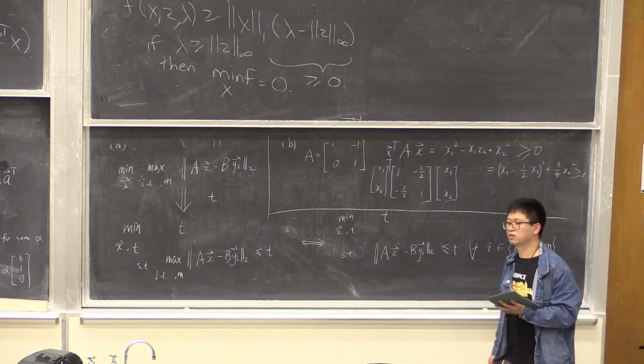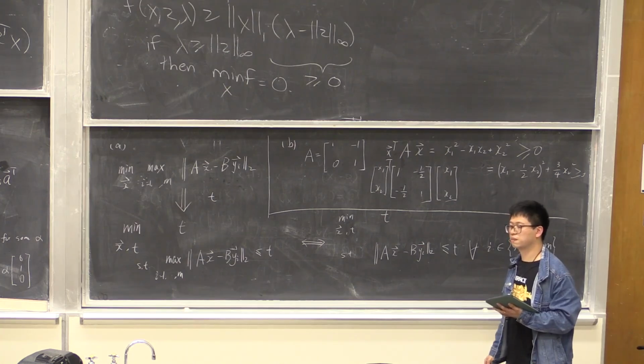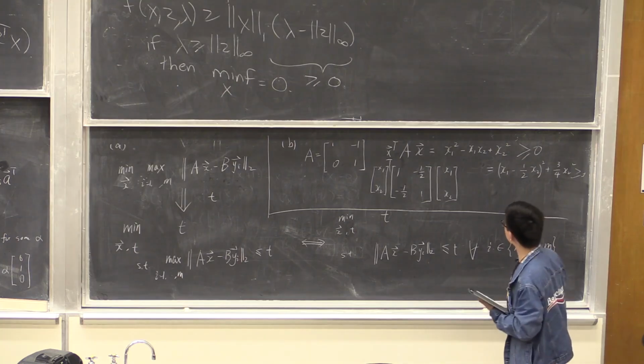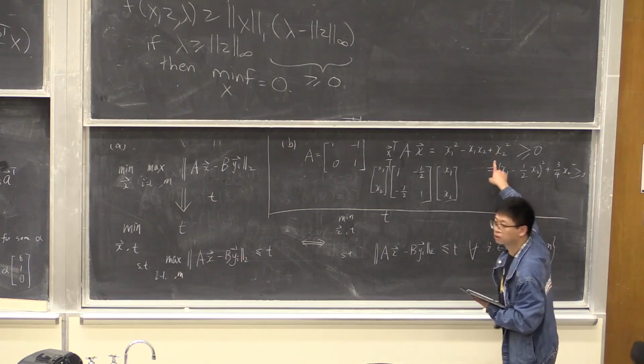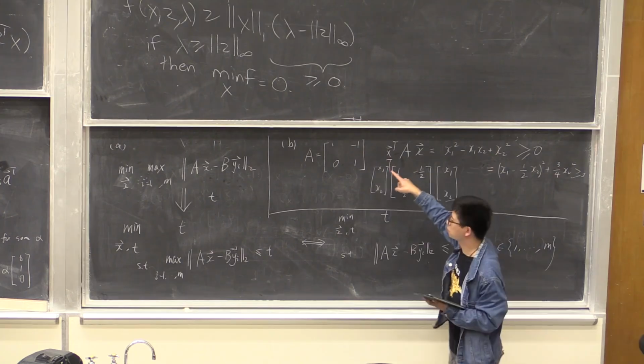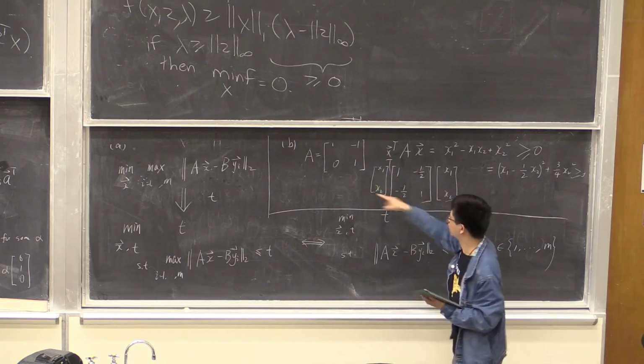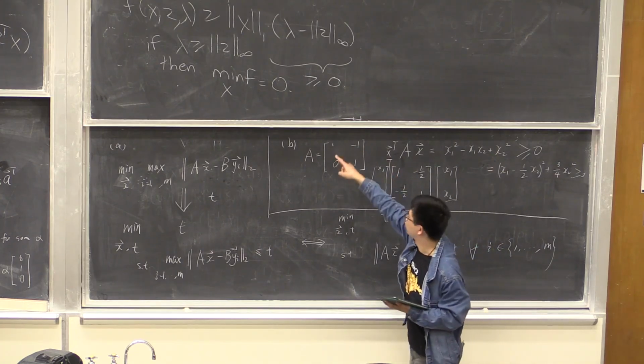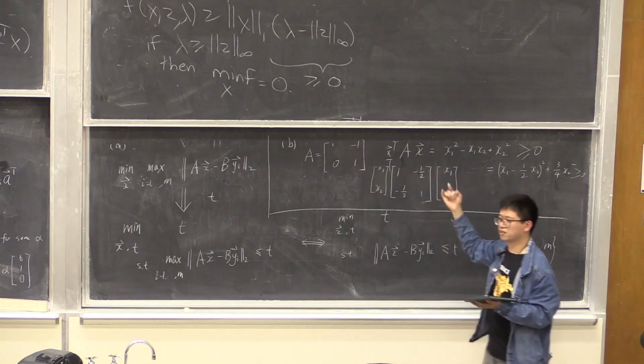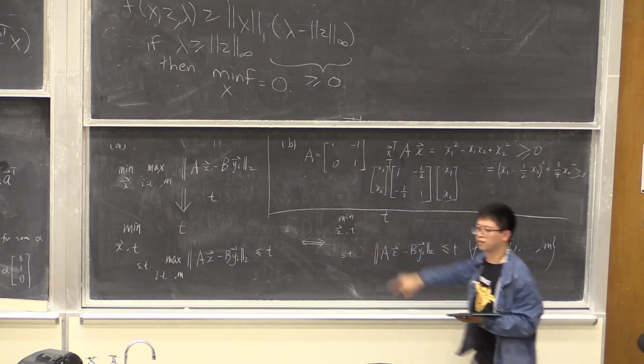Yes. Can you explain your intuition for why you said x transpose A x equals x1 squared minus x1 x2 plus x2 squared? Oh, this part? Yeah. You simply plug this in, this x1, x2. Just simply plug it in. It's not too complicated because it's 2D, right?